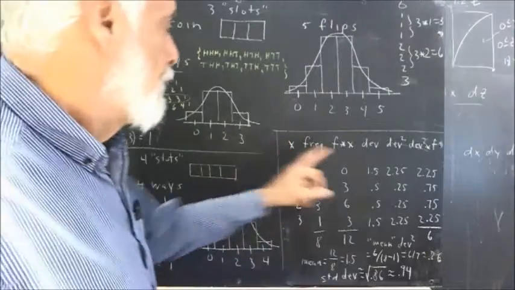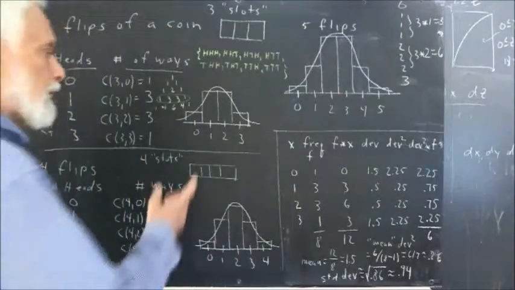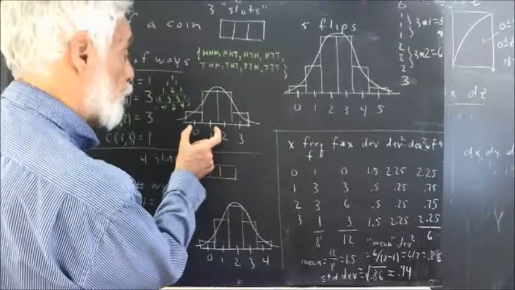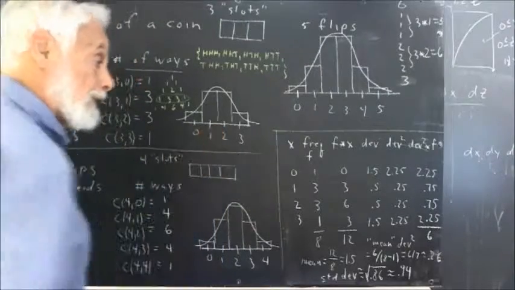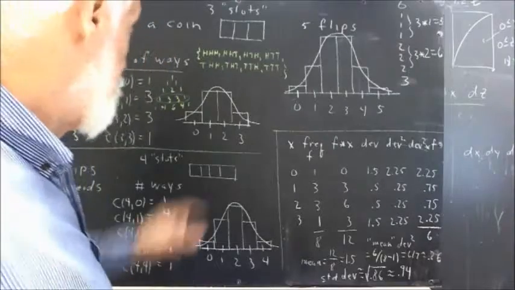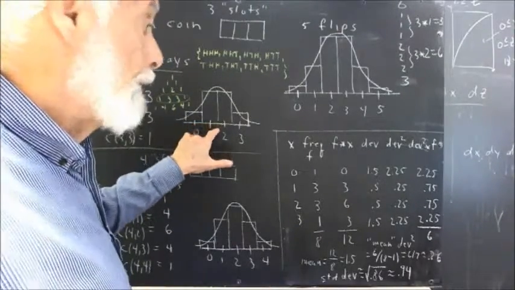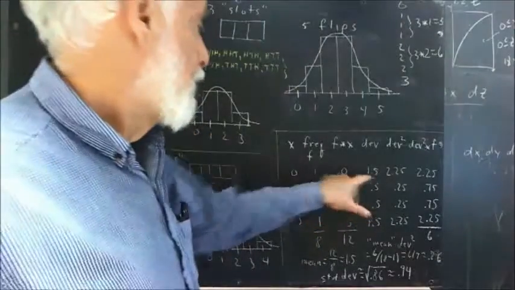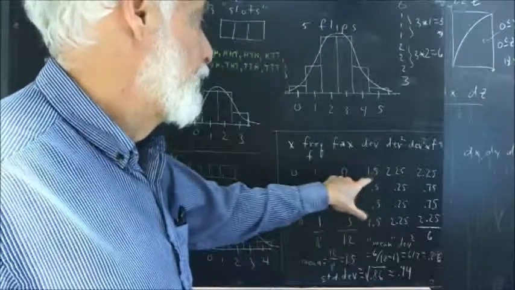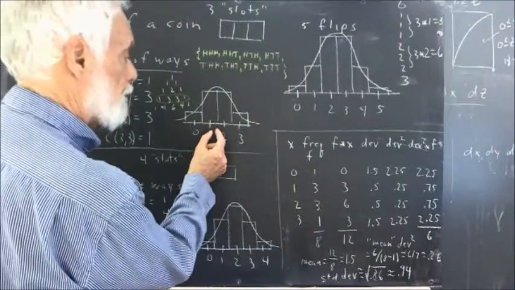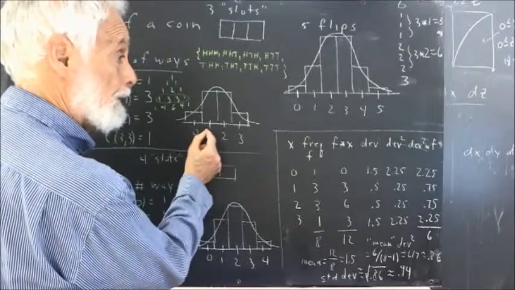So, we calculate a deviation. How much does 0 deviate from the mean? Well, it's 1.5. Right there it is. This is not a disembodied calculation. It means something. It means that this result is that far from the mean. So, 0 is 1.5 units from the mean. How far is 1 from the mean? Well, the mean is 1.5. That's only half a unit there.